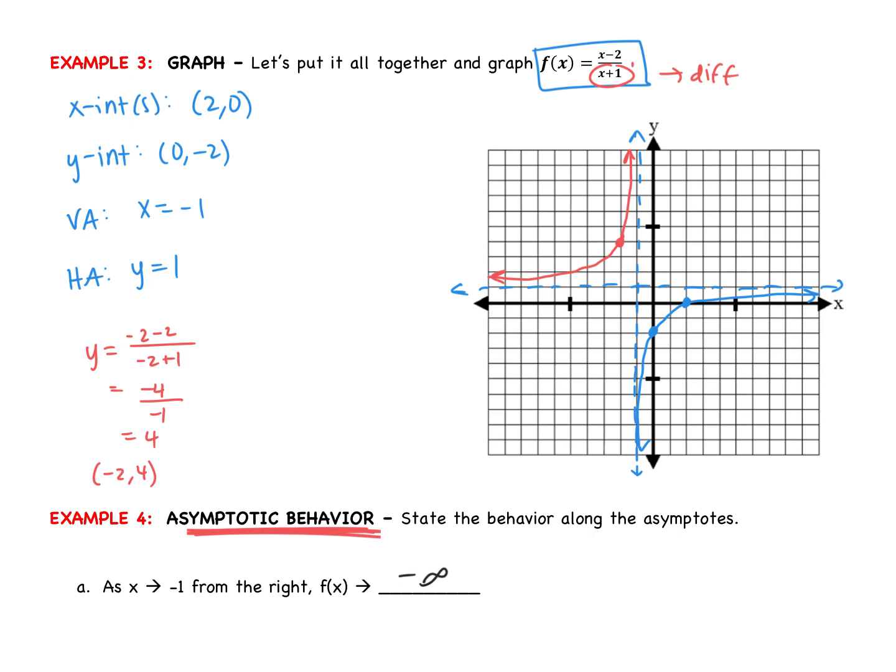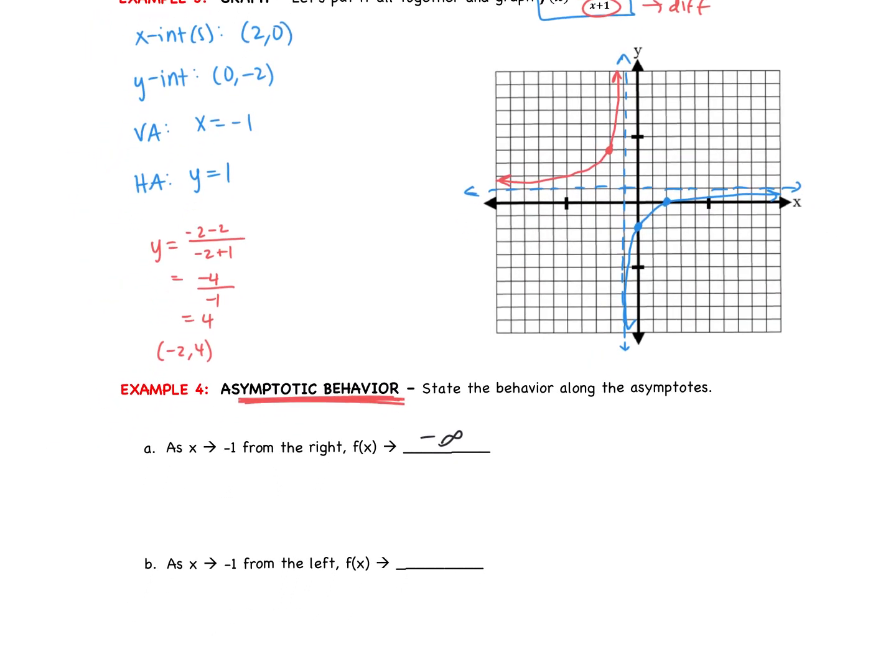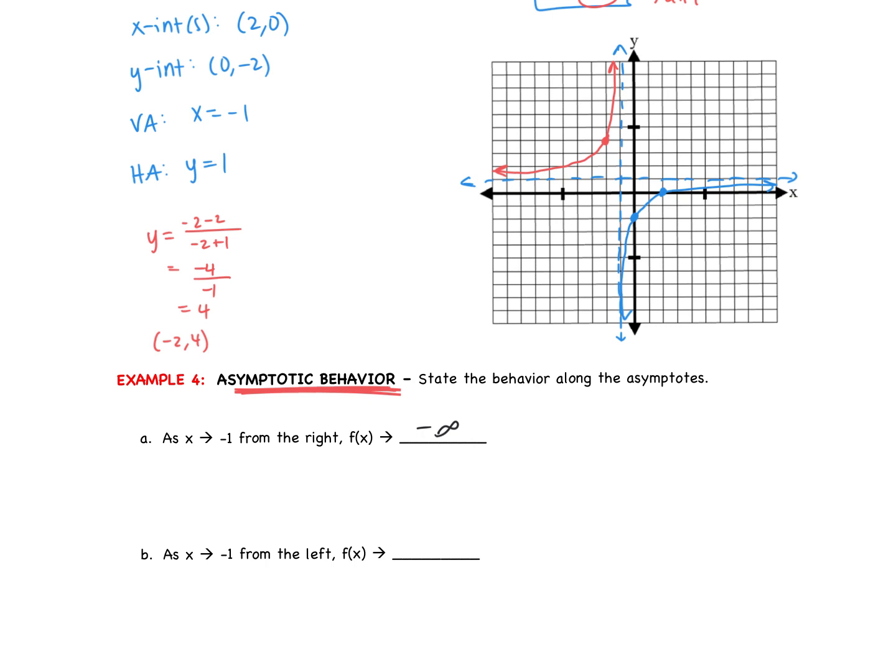So as we're approaching -1 from the right, we're going to -infinity. Likewise, as x is approaching -1 from the left, so here's our -1. If we approach from the left, f of x, again, that's just y, is going to +infinity. I'm approaching from the left, my y goes to +infinity.